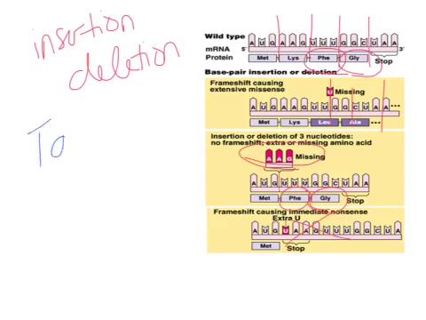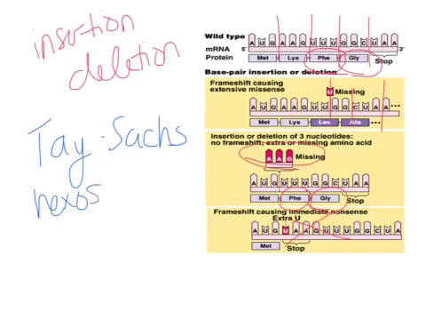Some more examples here would be Tay-Sachs. Okay, so Tay-Sachs is a disorder where there is lipid or fat accumulation in the brain, and that is usually broken down by an enzyme called hexosaminidase, and that enzyme is coded for.